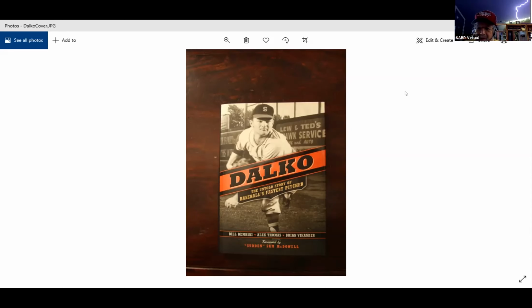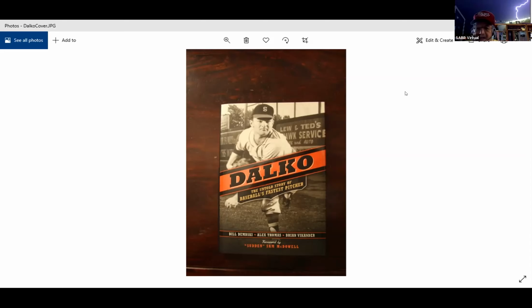But this was late 50s, early 60s. Things did not get filmed and kept the way we have it today. And there was no adequate way to measure it. By the time the radar gun came out, Dalkowski was retiring, but it's mainly anecdotal.